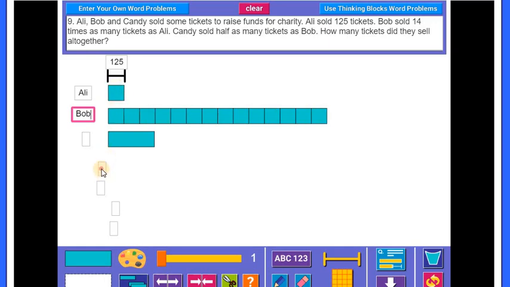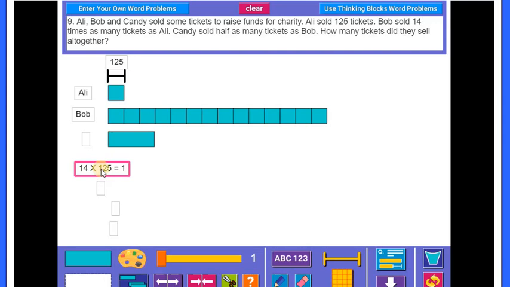So how to find Bob's tickets? It means 14 times 125 equals, you can find out by making a long multiplication on your scrapbook.